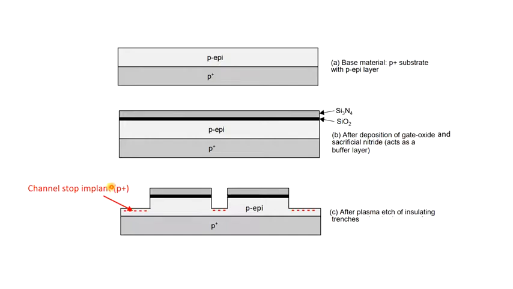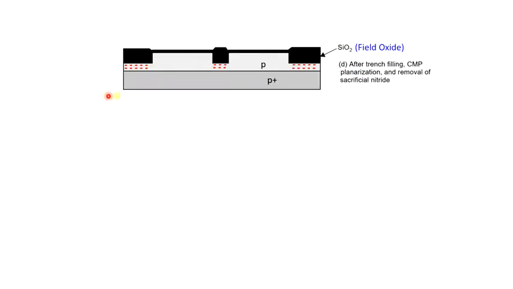Once you fill these trenches with silicon dioxide and then apply CMP, the structure will look like this. These were the trenches, which have now been filled with silicon dioxide. This is the silicon dioxide which can be used as a gate dielectric. This is again a trench filled with silicon dioxide, and this is another trench filled with silicon dioxide.